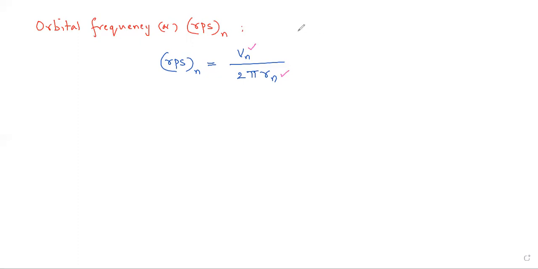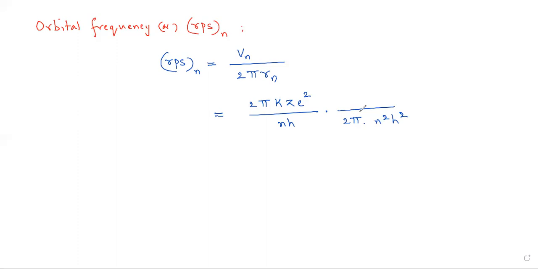Now substituting all the things, we can get the expression for revolutions per second in nth orbit. Velocity of electron in nth orbit is 2 pi k z e square by nh, with 2 pi in the denominator.